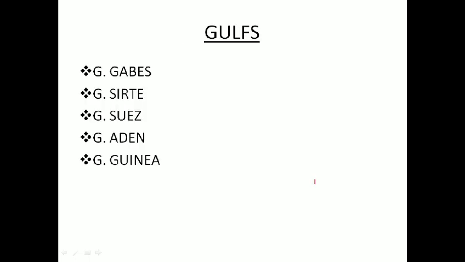Now, after learning so many things, when you go to a still higher level, you need to find out the Gulfs. Gulf of Gabes, Gulf of Sidra, Suez, Aden, Guinea, these are the famous Gulfs.